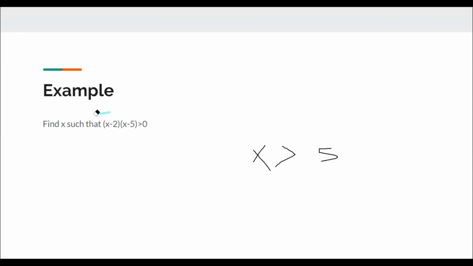Now, if they're both negative, that means either x is less than 2 for this one, or x is less than 5. And for both of them to be negative, it's going to be when x is less than 2. So that's our solution, when x is less than 2 or x is greater than 5. So we looked at the cases to solve this one.